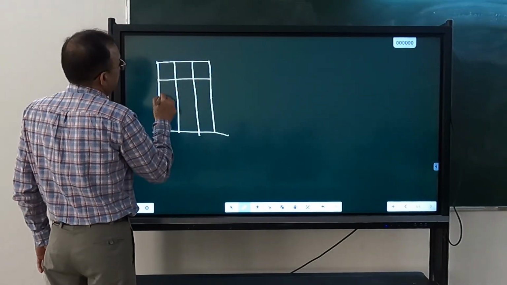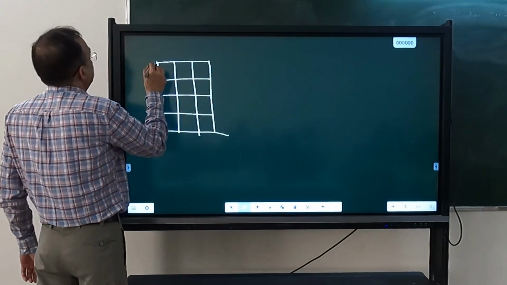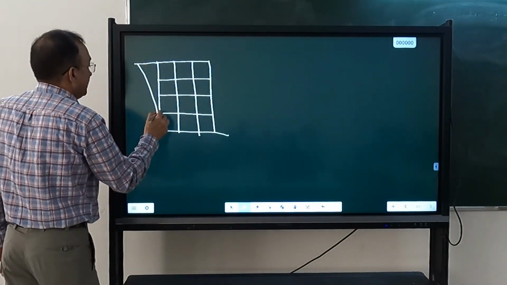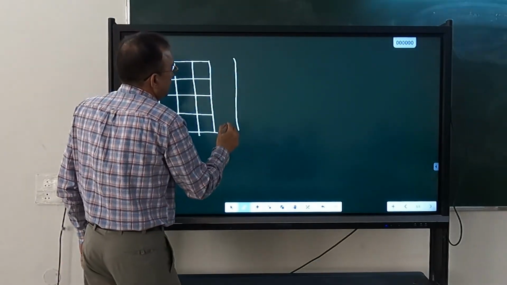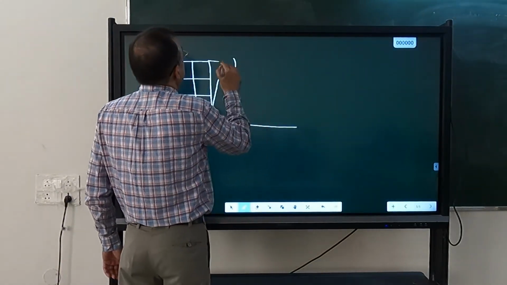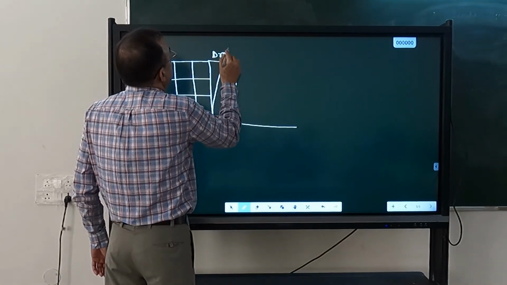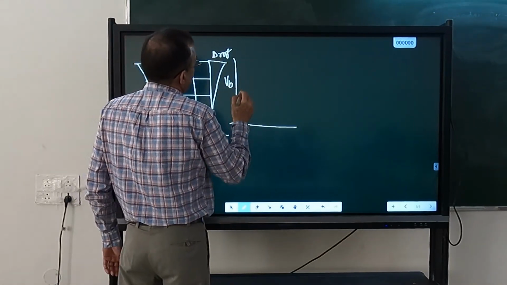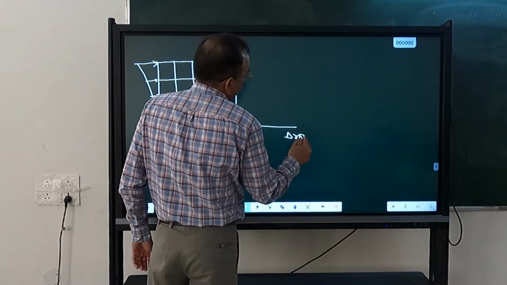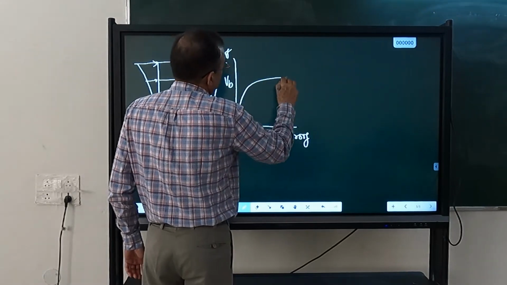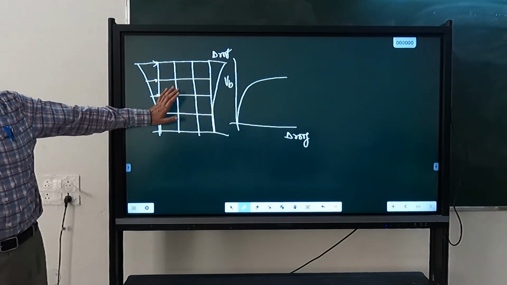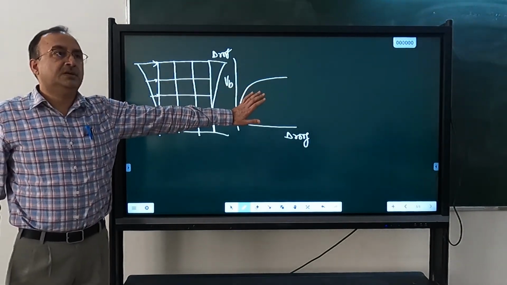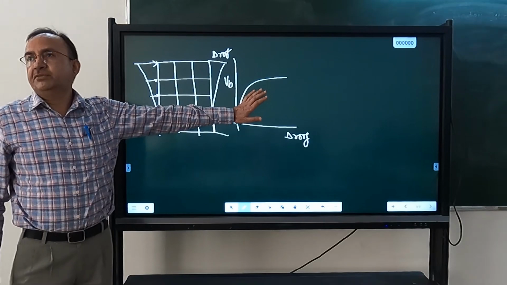This is our multi-story building. We have considered a particular mode shape, and we have obtained this V versus delta curve. This is our multi-degree freedom system, and this is the capacity of this multi-degree freedom system.